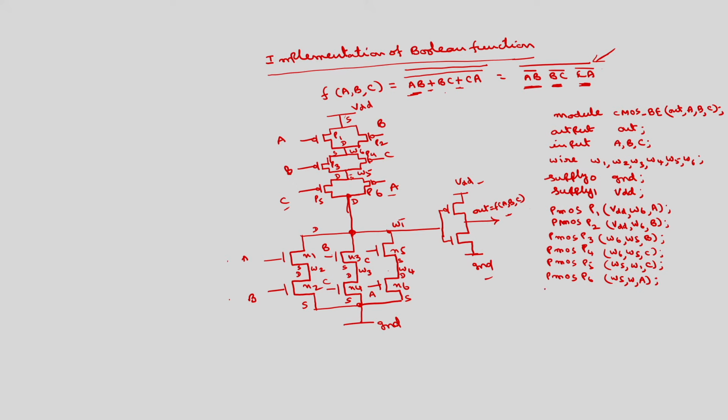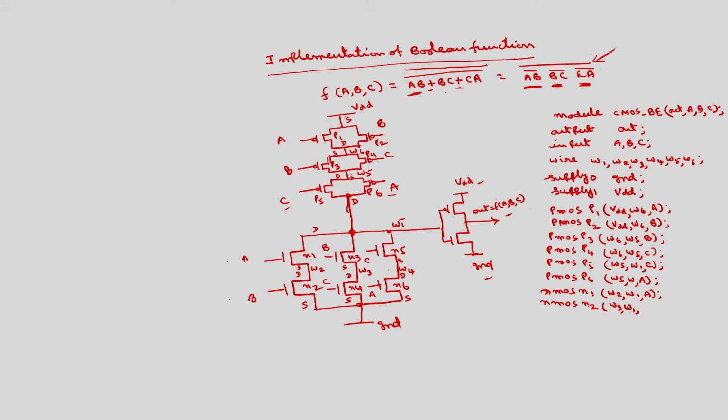Then similarly, the 6 NMOS. NMOS N1: the source of N1 is W2, the drain is W1, the gate is A. NMOS N2 is different: its source is at ground.